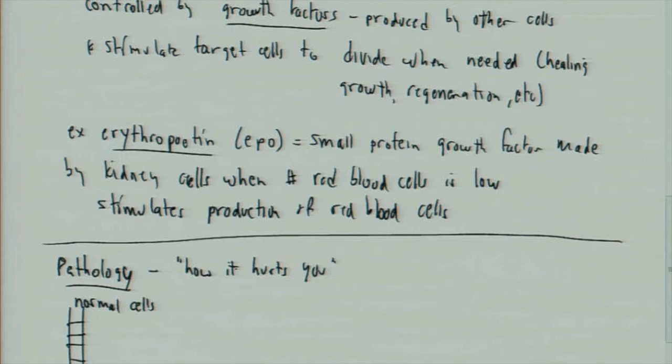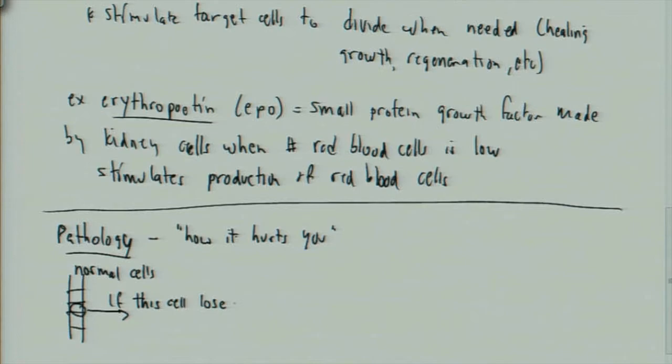So if this cell loses growth control, so now it divides when it oughtn't, what happens is you get started down the road to a tumor. Right? So you've got the normal cells in the neighborhood, and then the descendants of this cell. This is now a tumor.